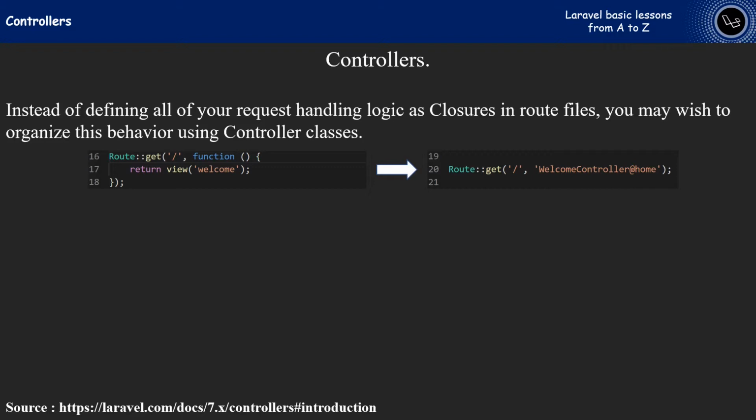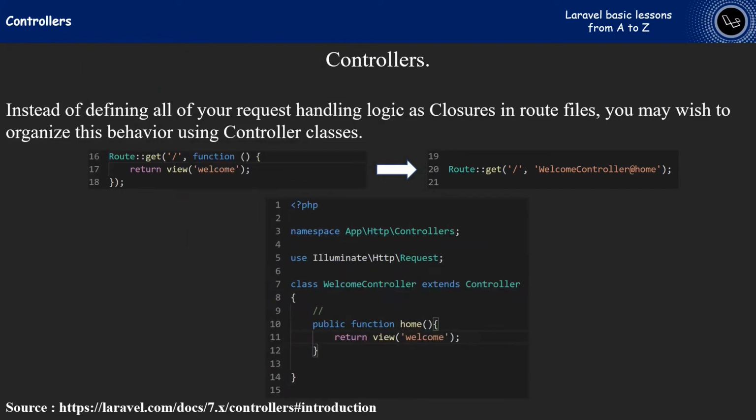That means you are going to create a home function inside of the WelcomeController, and in this function you are going to return this information, return view welcome. This is what we call the controller in Laravel. And what is the result? After organizing your route file, you have removed this function.